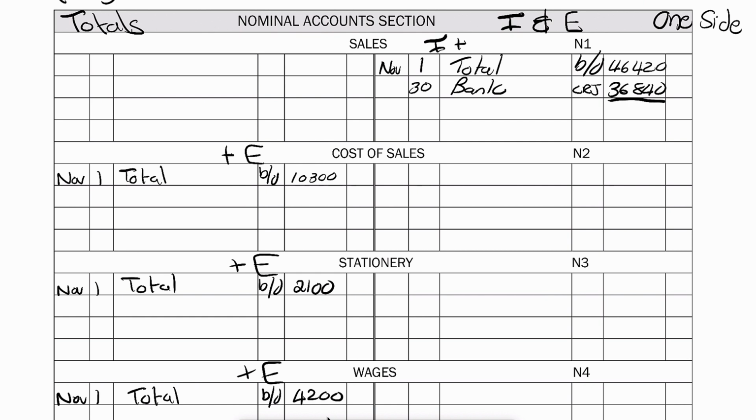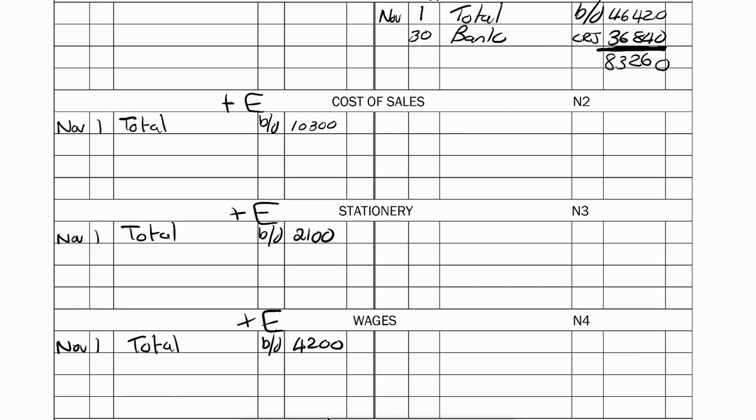All we need to do is total these two up, which should give us 83,260. Let's just double check that with a calculator. R83,260.